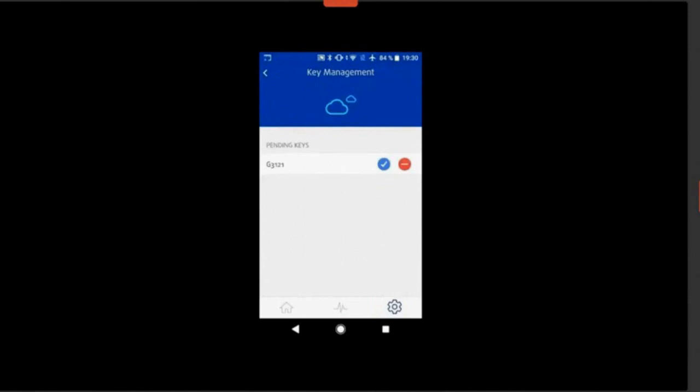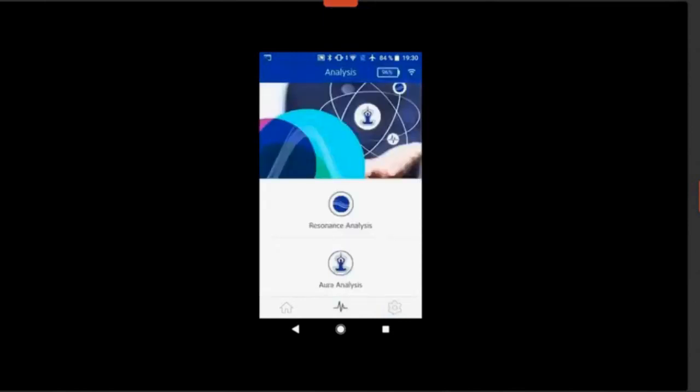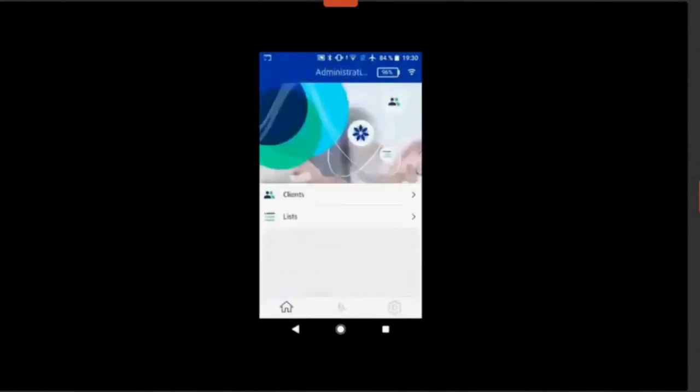Once you have done that, you can import the master key and download from the cloud all your clients and all your lists, and then you have your own settings back, just as a starter.